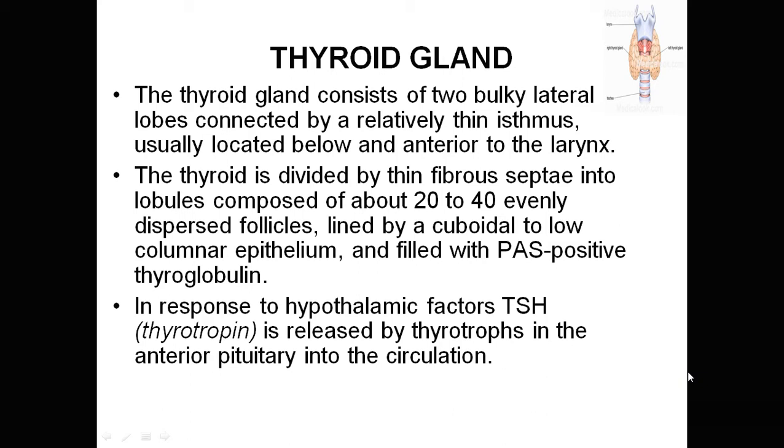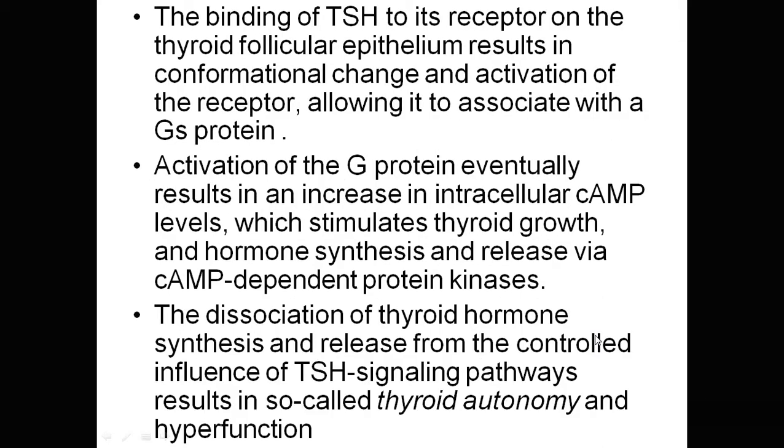thyroglobulin. In response to factors from the hypothalamus, thyroid stimulating hormone, thyrotropin, is released by the thyrotropes in the anterior pituitary into the circulation. The binding of thyroid stimulating hormone to its receptor on the thyroid follicular epithelium results in conformational changes and activation of the receptor, allowing it to associate with the Gs protein.